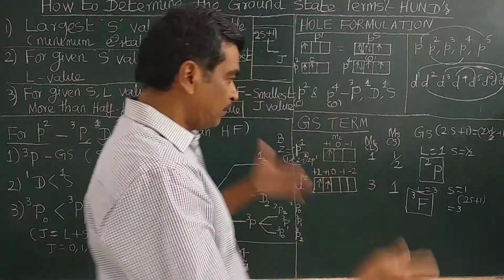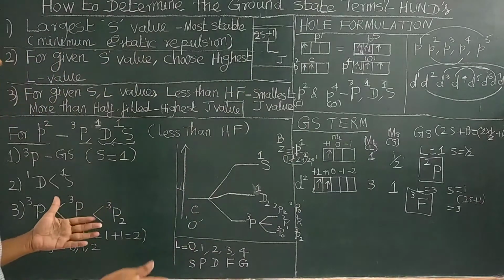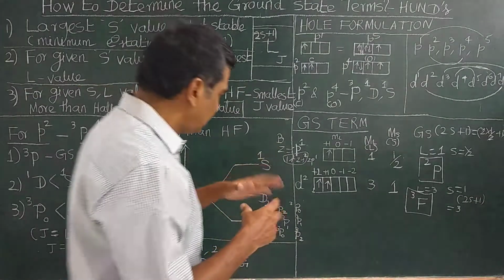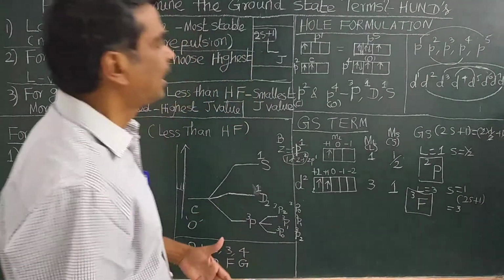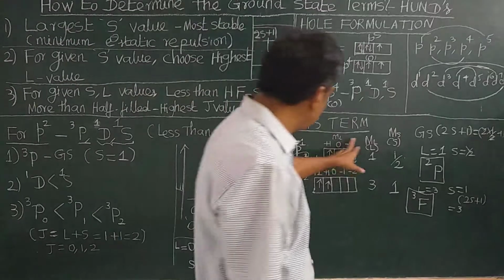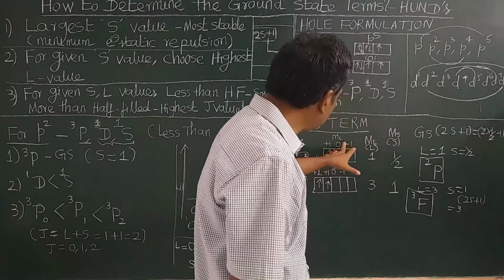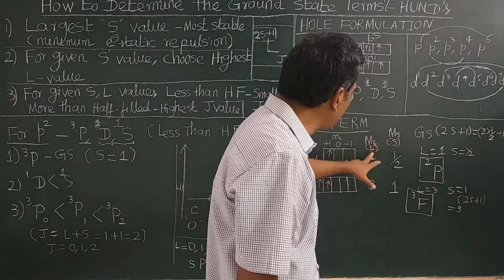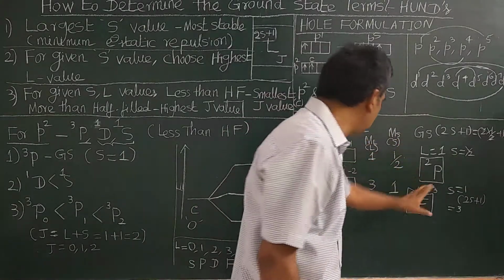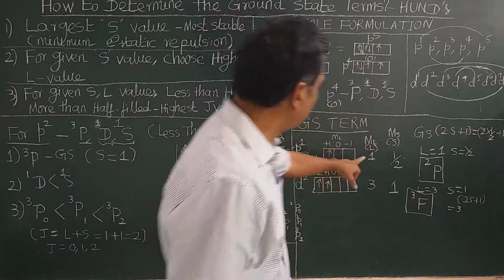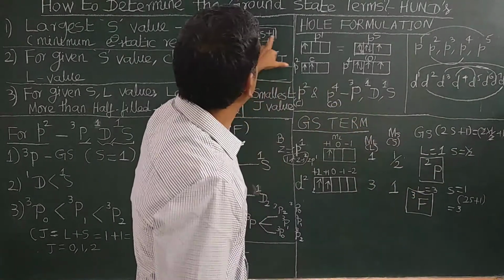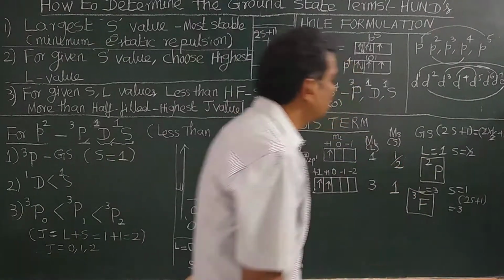You will be given an atom. You first write down the electronic configuration. From the electronic configuration, you calculate the sum of ml and the sum of ms, to give L and S, and you will get the L value, the 2S plus 1 value and the J value.